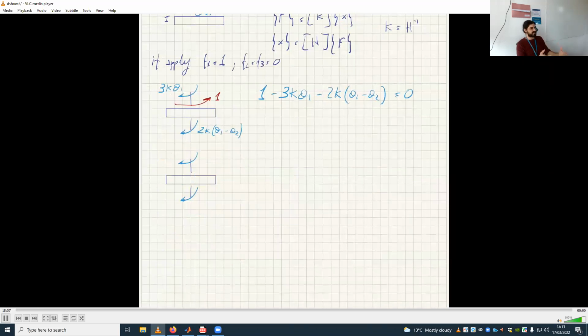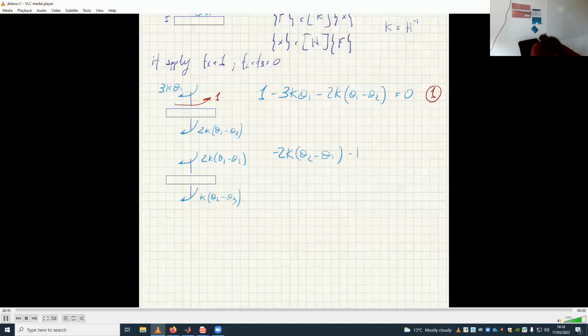So the second mass doesn't feel the external force, but it feels this reaction, which is 2k (θ2 minus θ1), and this one, which is k (θ2 minus θ3). And these must be equal to 0, because this is in equilibrium. So this is my equation 1. This is my equation 2, which is minus 2k (θ2 minus θ1) minus k (θ2 minus θ3) equals 0.